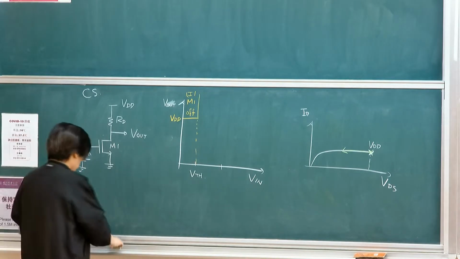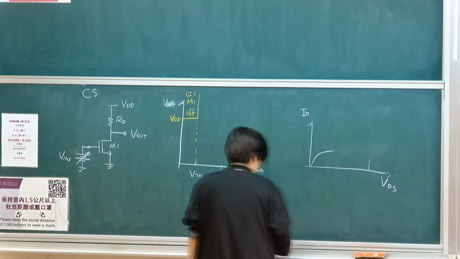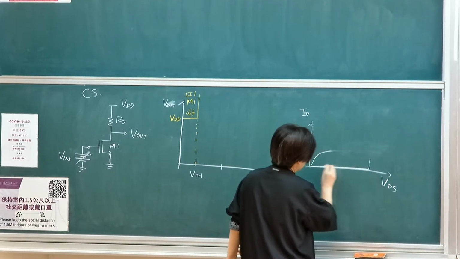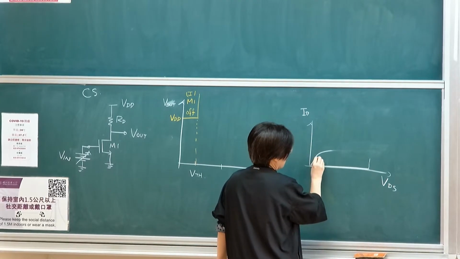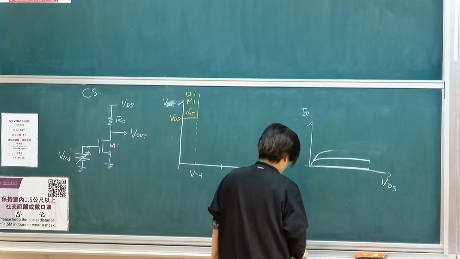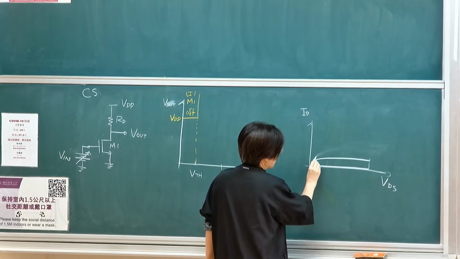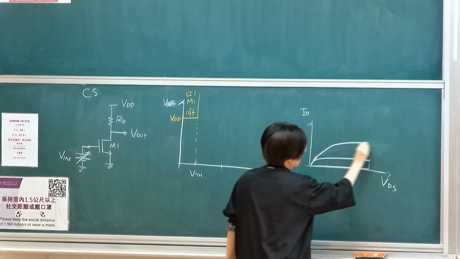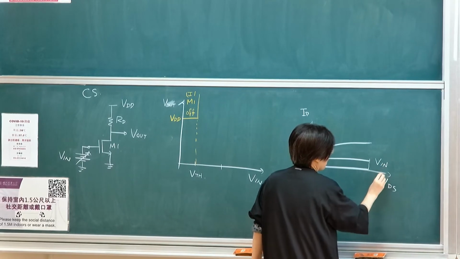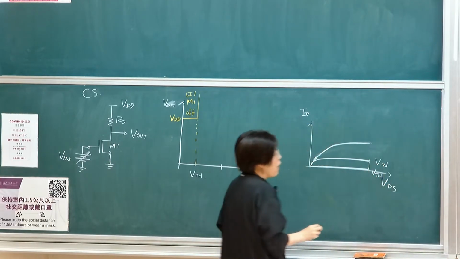If I'm drawing multiple curves, the point of operation depends on Vin, as this is Vin equals threshold, and Vin is slightly higher than threshold.